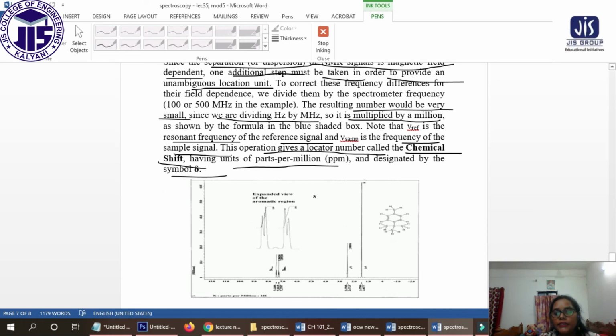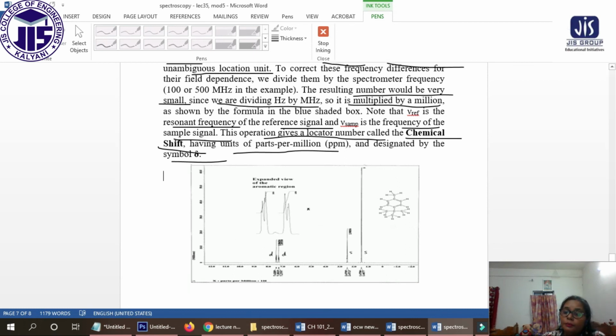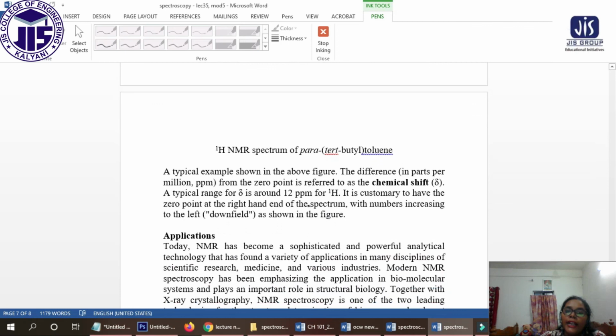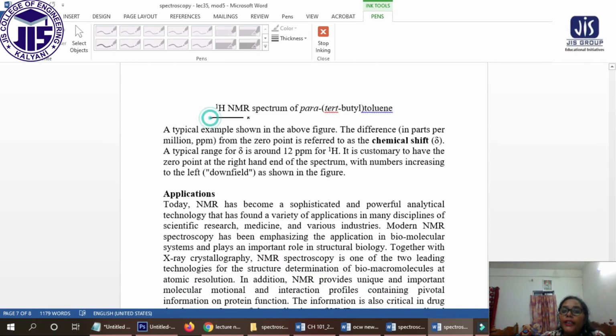Here one of the spectra is given. For any organic compound we get this type of graph, these spectral lines, in NMR.